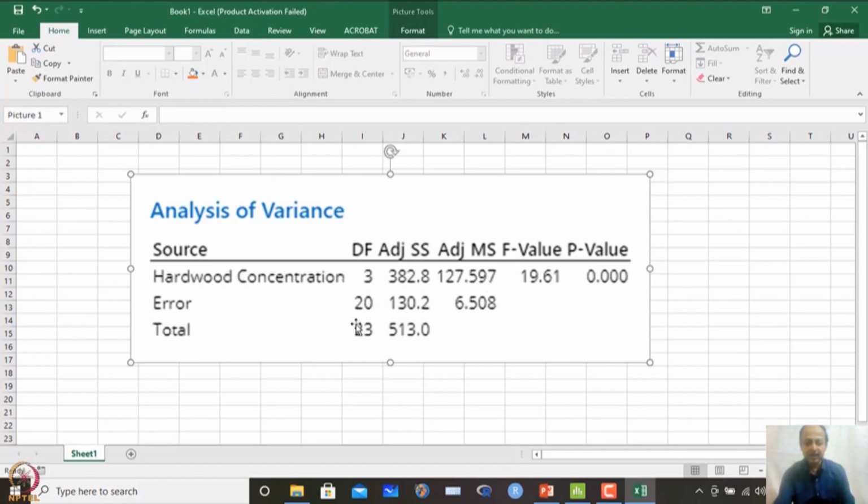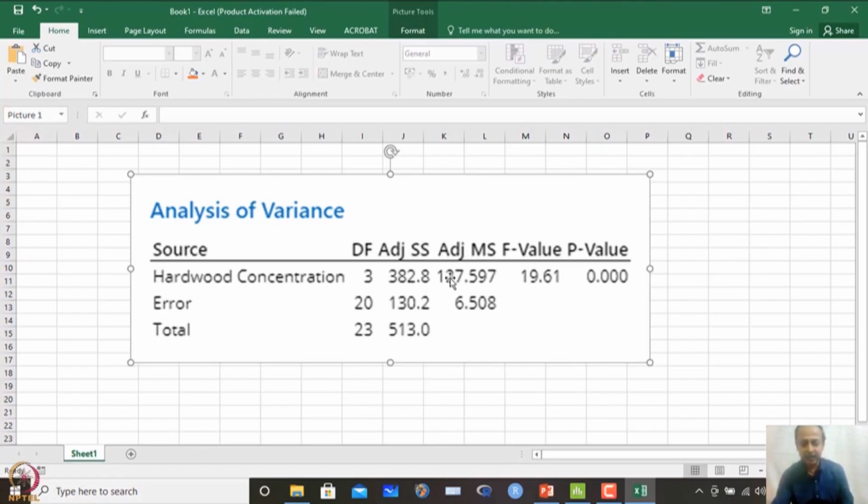Total degree of freedom is 23, because I have done 24 trials in the overall experiment, 24 minus 1 is 23, and the sum of squares total is calculated. If you subtract 382 from the sum of squares total, you will get 130.2 over here. So, because of the additive relationship, once we have two of them, we can get the third one.